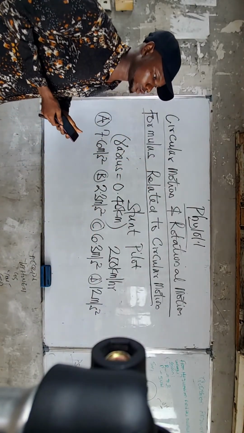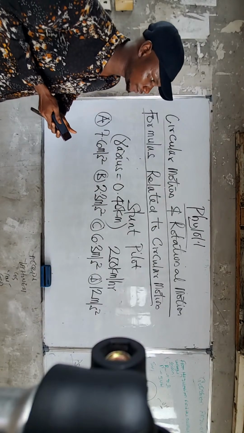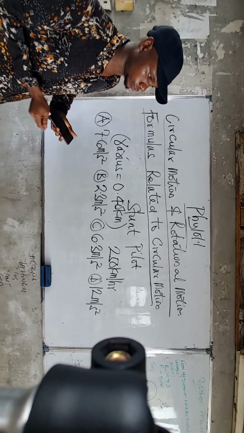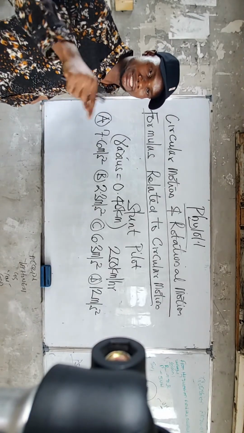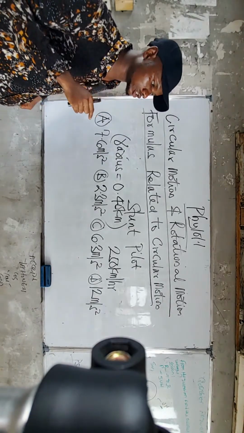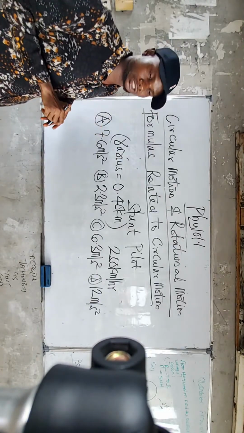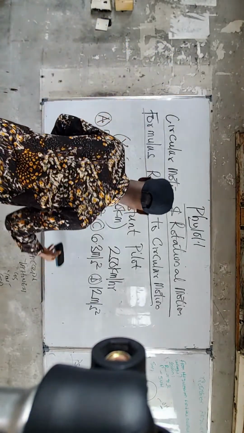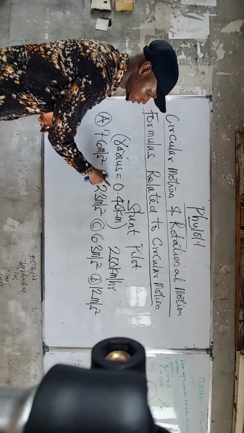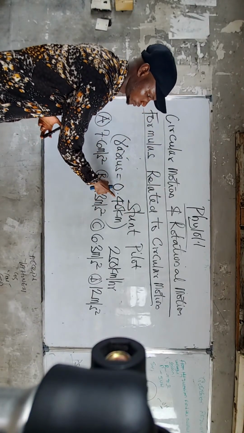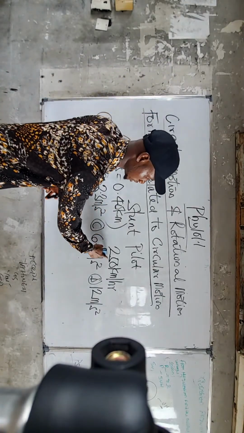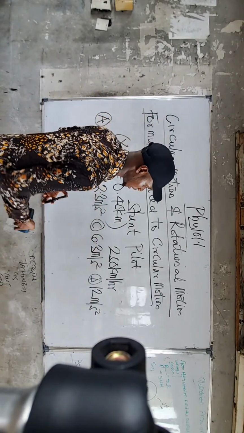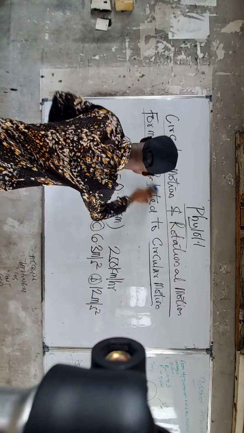Now, we all know that when we have a particular question in a circle, and we are asked to find the acceleration in that circle, at that point it's said to be what? Centripetal acceleration. So these are the parameters given to us: radius is 0.40 kilometer, while the velocity is 250 kilometers per hour.